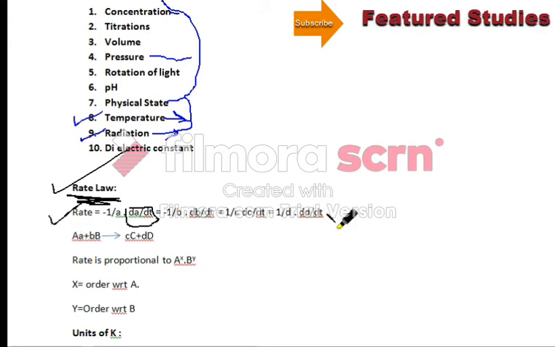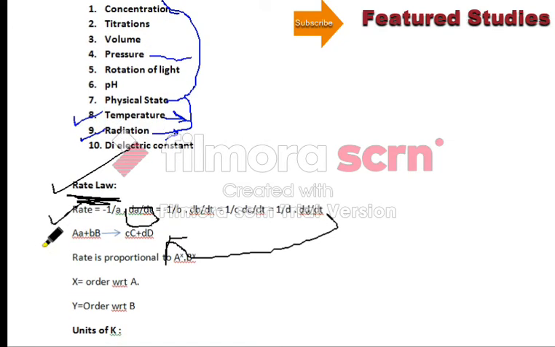How did we get it? From this equation. Rate is proportional to A power X into B power Y. This is also rate law. How did we get it? That depends on the formula.